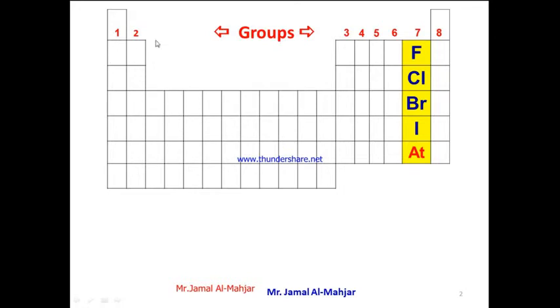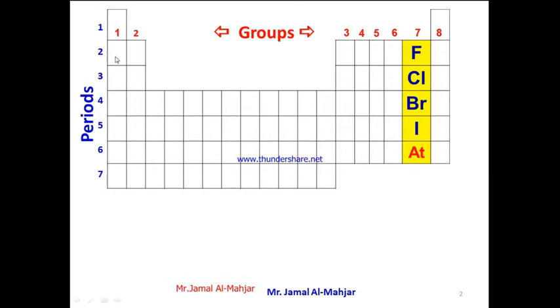And we have horizontal rows. These horizontal rows are called periods, and we have periods 1 to 7. In the first period you have 2 elements only. Here we have hydrogen, here we have helium.